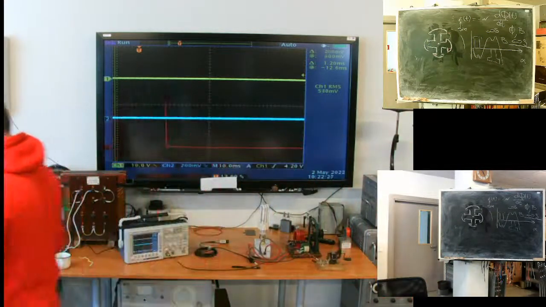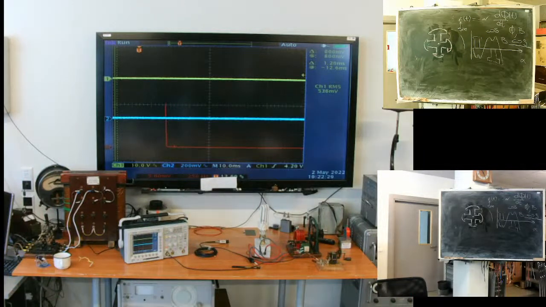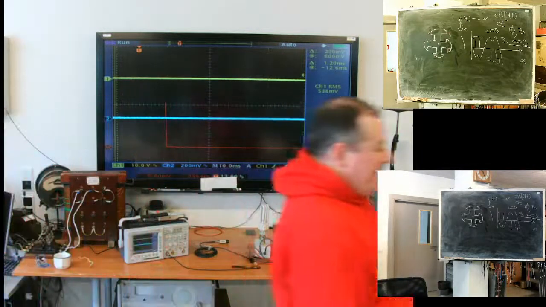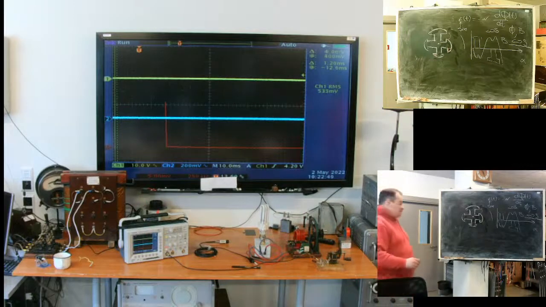Larger generators, of course, produce more voltage. But anyway, any real generator does not produce an ideal sine.